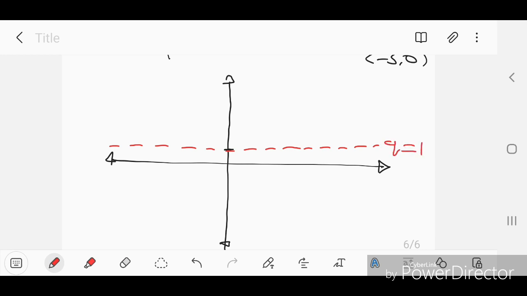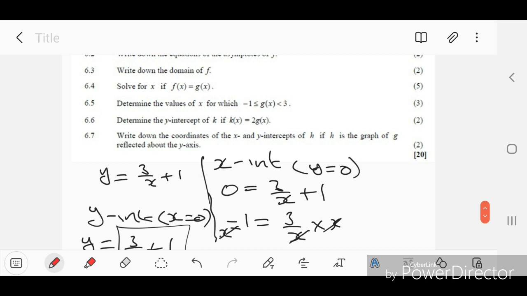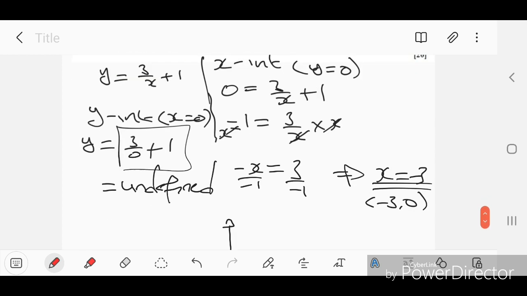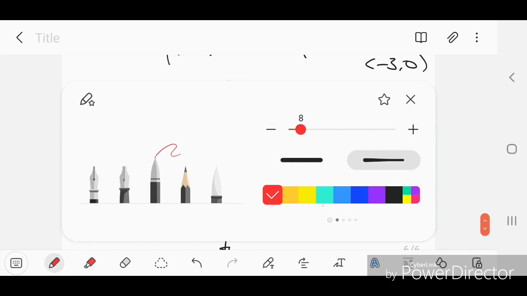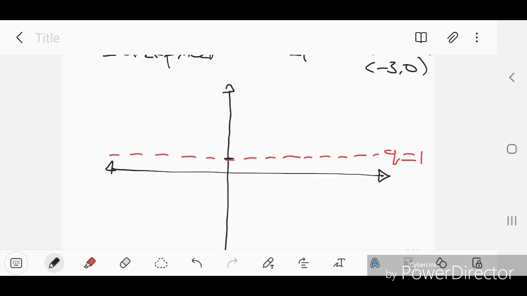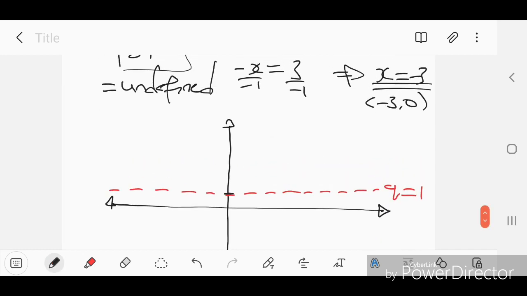You must name it. And then I must show my x-intercept. That's minus 3. So it's minus 1, minus 2, minus 3. So this is minus 3. I'll make a dot there on minus 3.